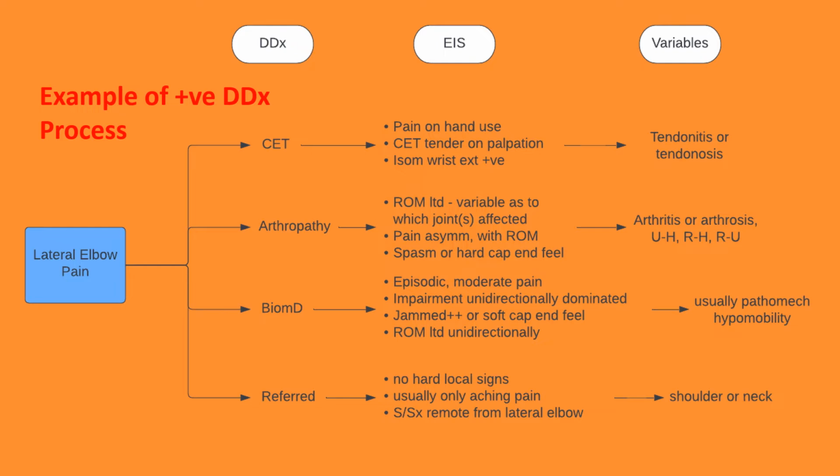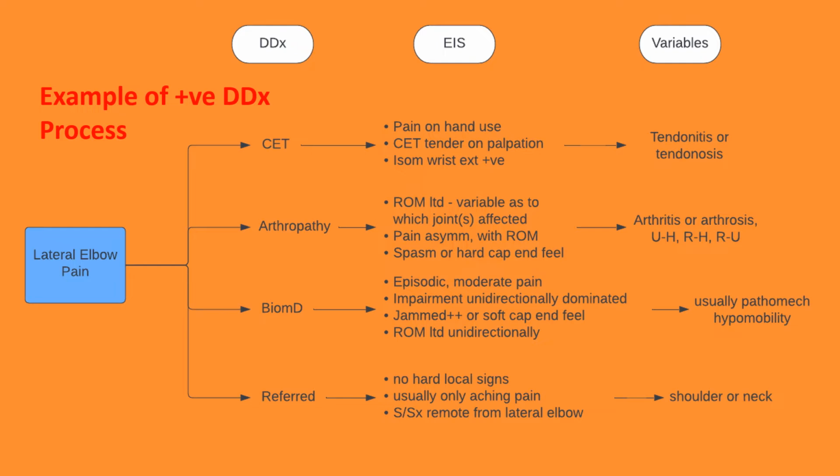Biomechanical dysfunction, you're going to see episodic, moderate pain, impairment, unidirectionally dominated. That is, if you're looking at flexion extension, for example, either flexion or extension is going to be functionally dominant. They may well have a lot of trouble getting their elbow extended, but on flexion, for example, that may be somewhat painful, but much fuller range, but it's dominated by the loss of extension.